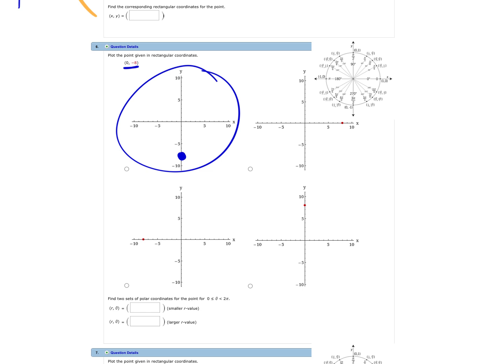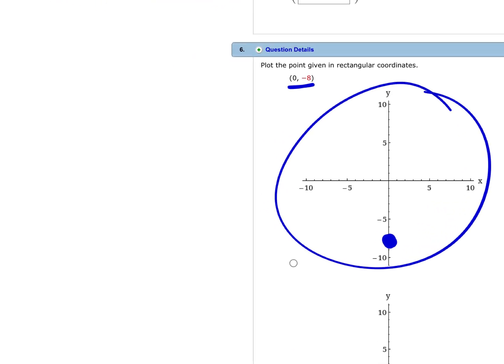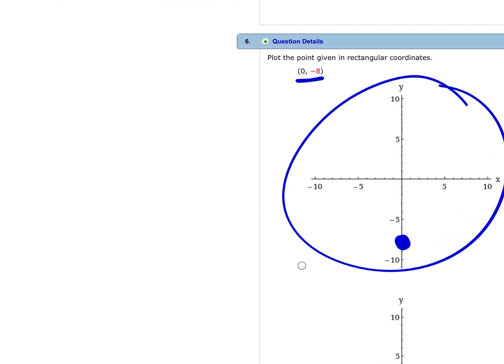Even if the question on the quiz does not ask you to graph your rectangular point, I would always suggest graphing it. That way it'll help you find your theta in our polar point. So next we want to convert it to polar. We have r squared is equal to x squared plus y squared, and then tangent of theta is equal to y over x.